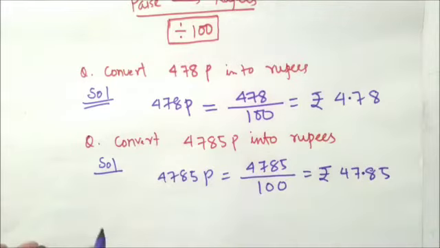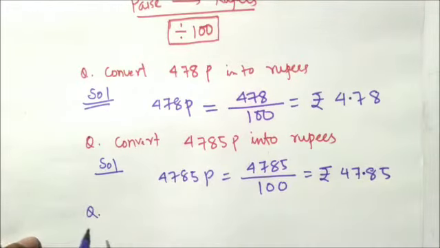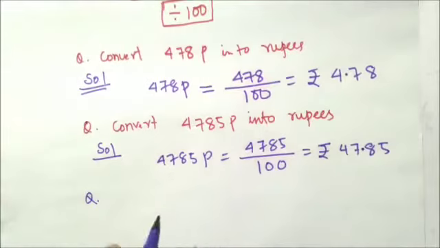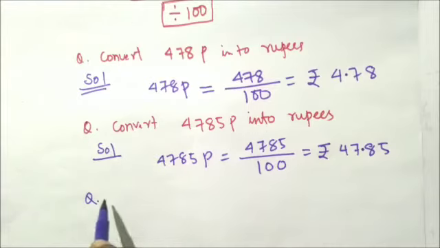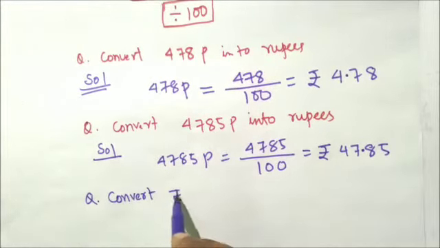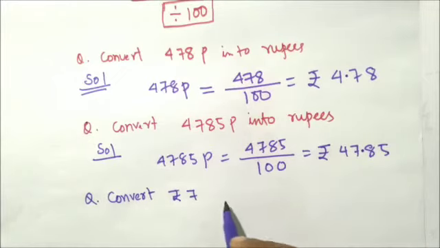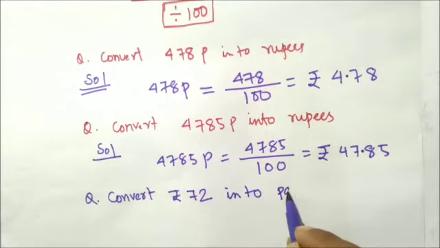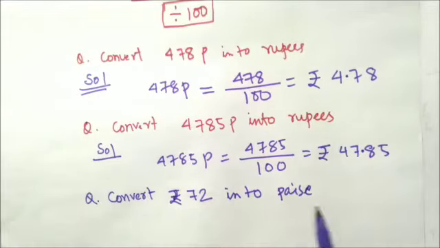Now if I give you a question to do, you can do one thing. After I write the question, you can pause the video and solve it in your copy. One question: convert rupees 72 into paisa. Two questions I will give, from rupees to paisa.